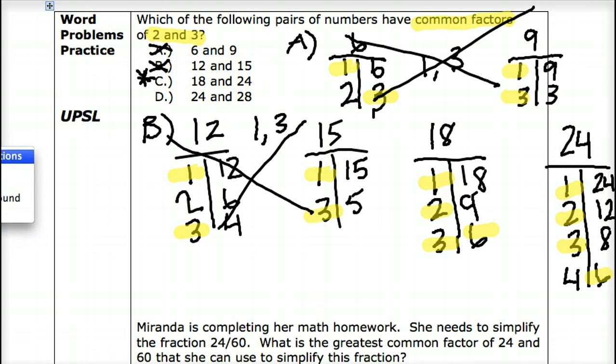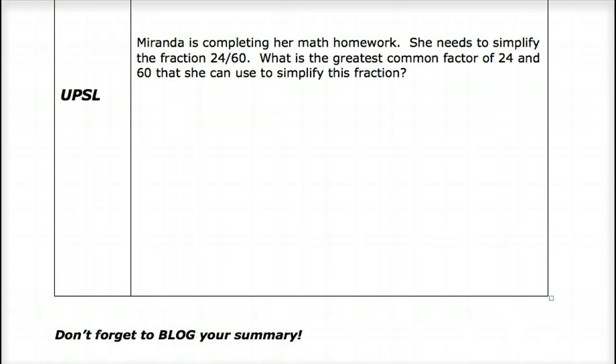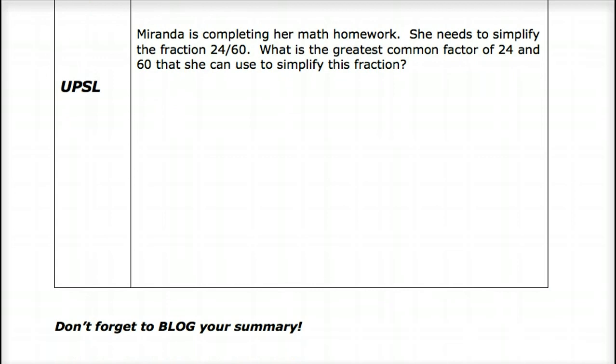Now for one more word problem. So this one says that Miranda is completing her math homework and she needs to simplify the fraction 24/60ths. What is the greatest common factor of 24 and 60 that she can use to simplify the fraction?